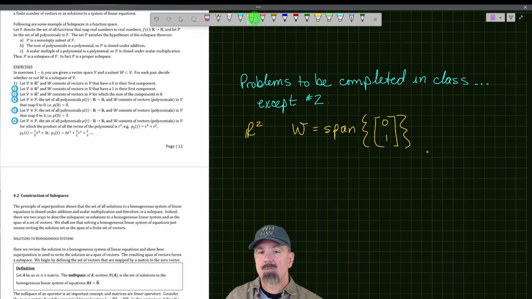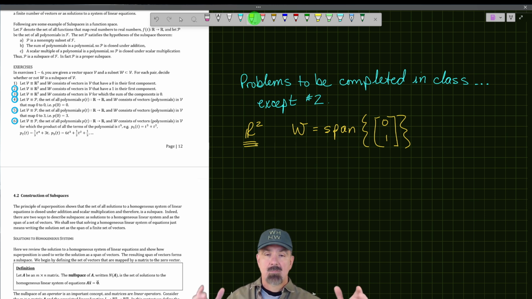So the second component could be anything. And the question is, do we have a subspace? And what are the 2 questions we have to answer? Well, we know R2 is a vector space. It satisfies the 8 properties.